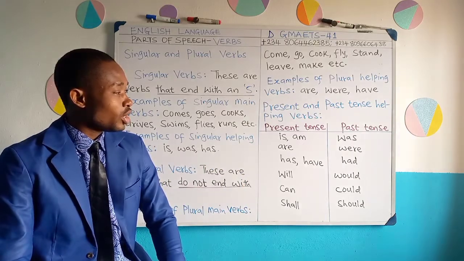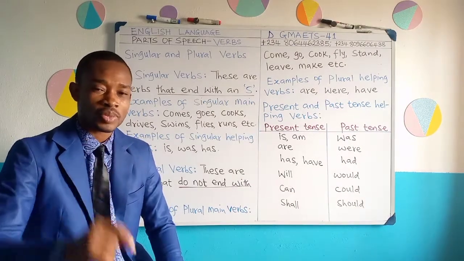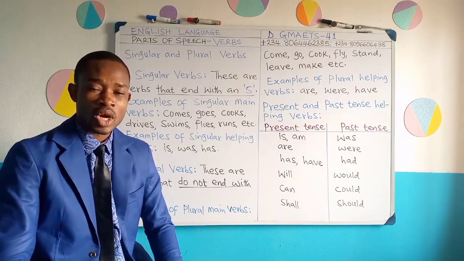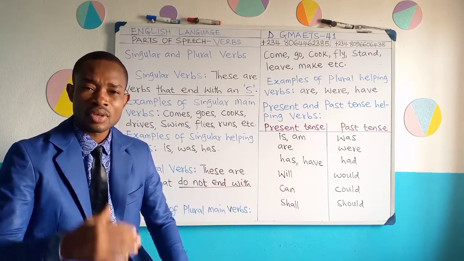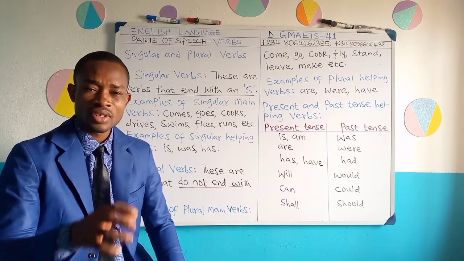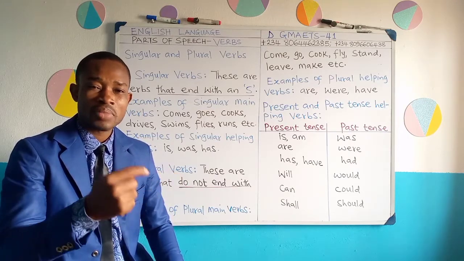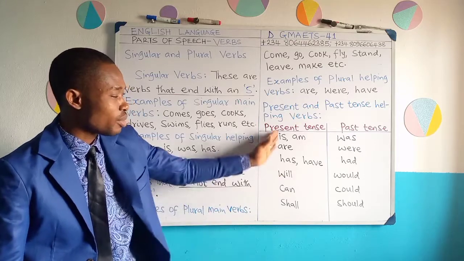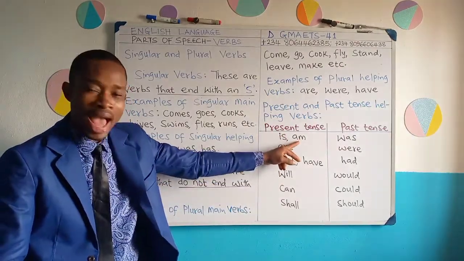Let us now conclude with present and past tense helping verbs. So when you come to helping verbs, primary auxiliary verbs, modal auxiliary verbs, there are those that are present tense. There are those that are past tense. So we have this table that shows examples. Present tense, is, am.